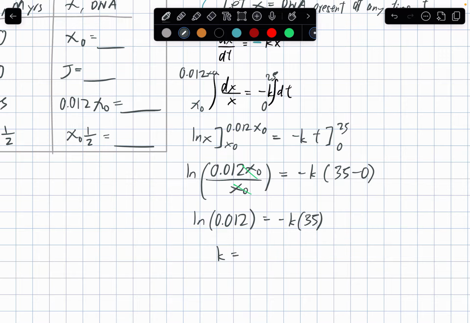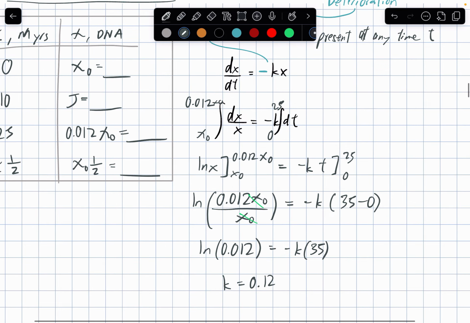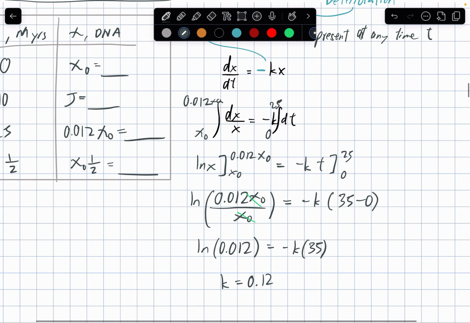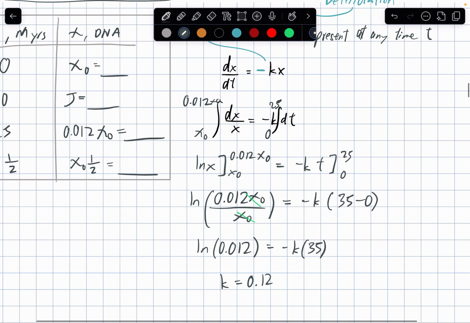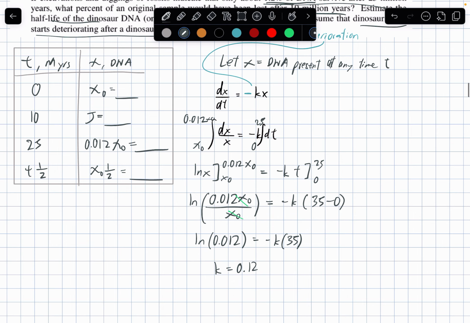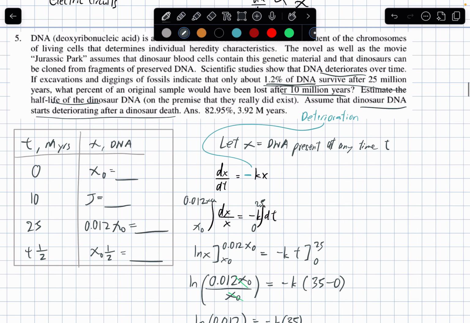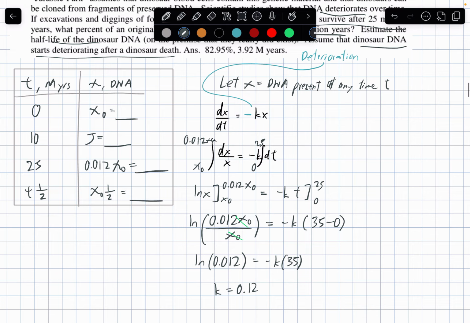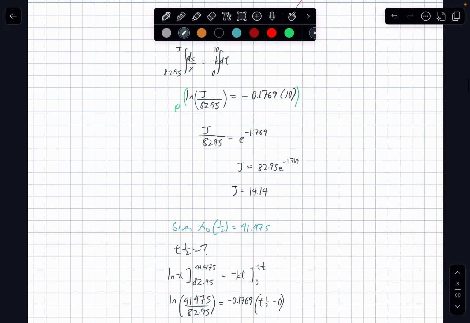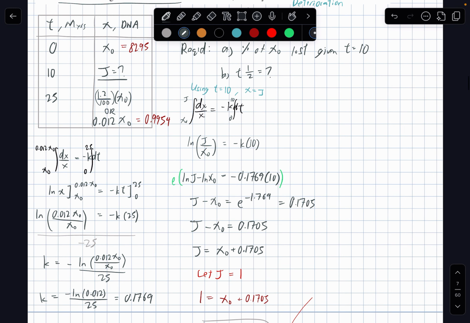So k is equal to 0.12. Wait a minute. 0.012. What is 1.2 divided by 100? 0.012. Let me just confirm if that k value is correct.